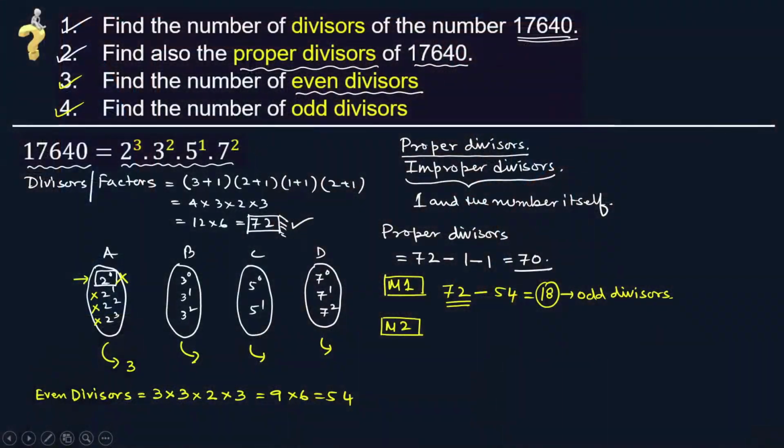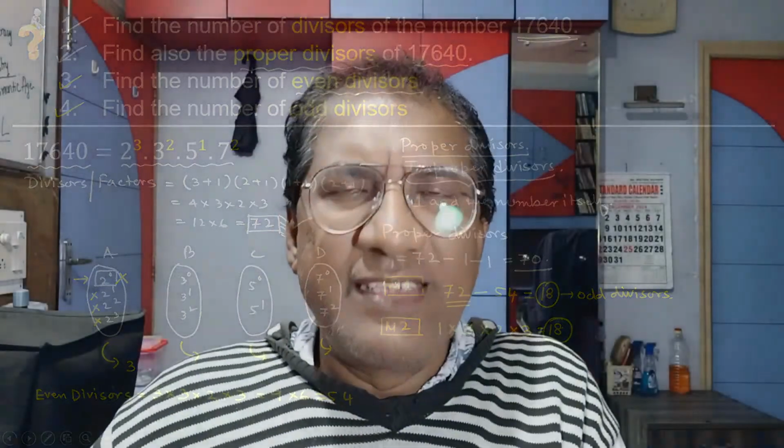So the total number of divisors in that case will be: from set A you will choose only one element. From set B it is any of these 3. From set C it is any one of these 2. And from set D it will be any one of these 3. So from here also you are getting 18. Is it clear? So I have done this problem in 2 ways.